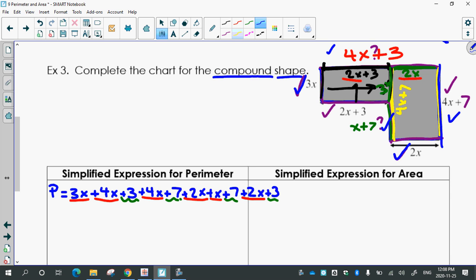And we're going to line them up. So 3x, check, plus 4x, check, plus another 4x, check, plus 2x, check, plus x, plus 2x.